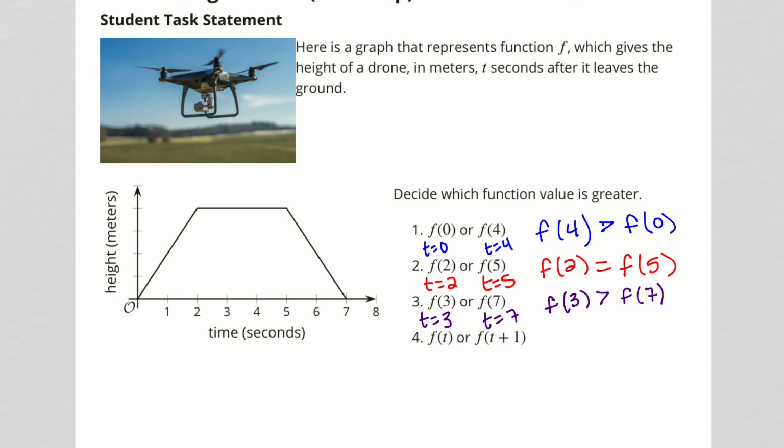So if I say t equals, let's say, 1, then is f of 1 greater than f of 1 plus 1, so f of 2? No. So it's going to be less than.